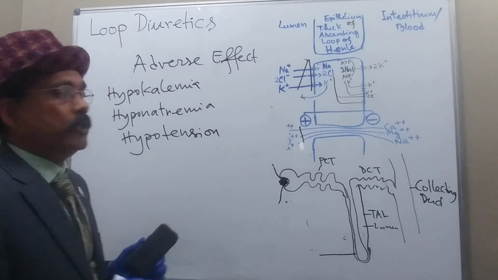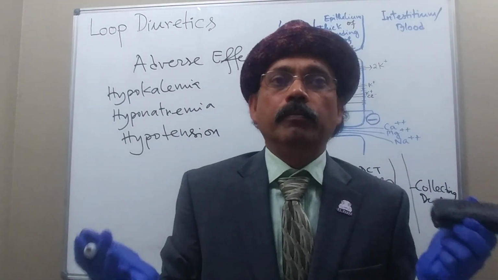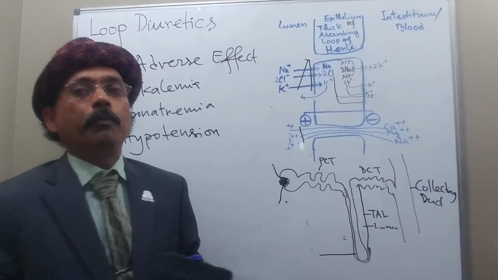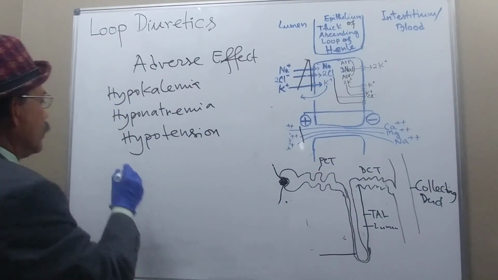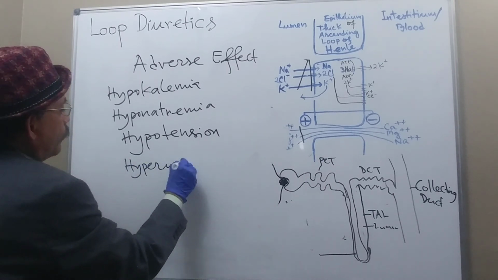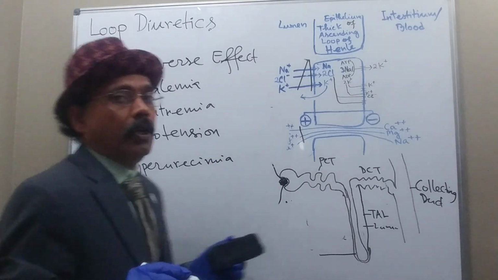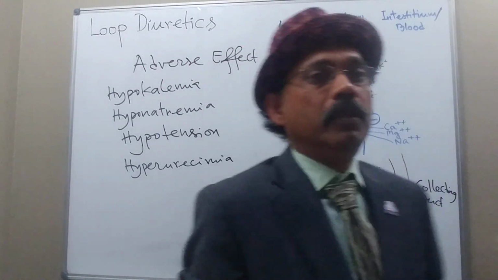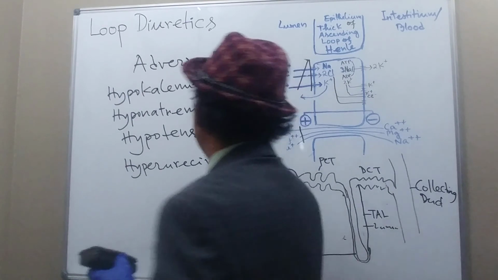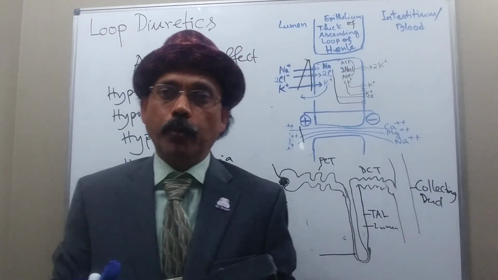Okay, then we'll have the potassium depletion, hyperuricemia. So hyperuricemia happens because uric acid cannot be excreted properly.